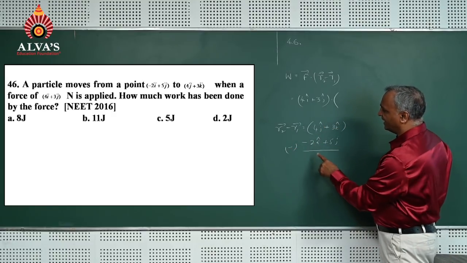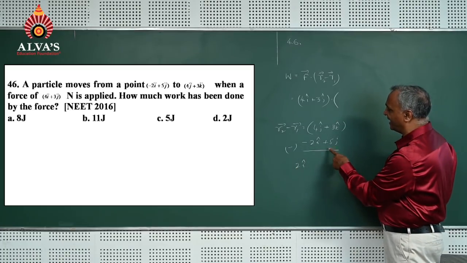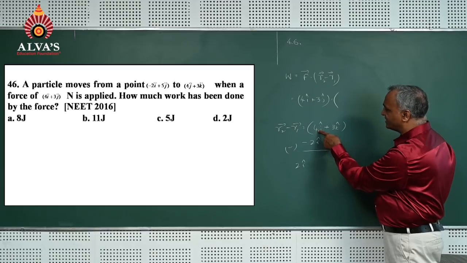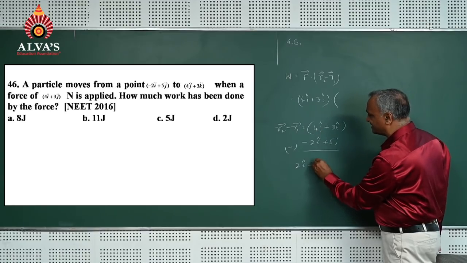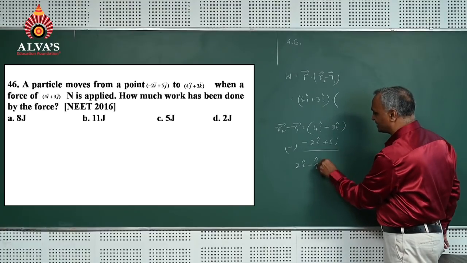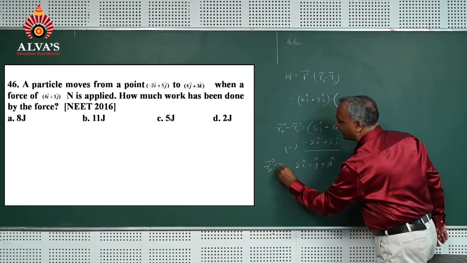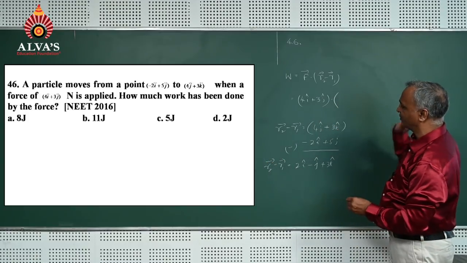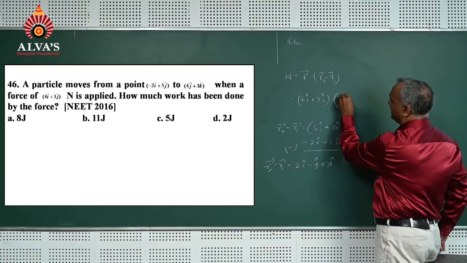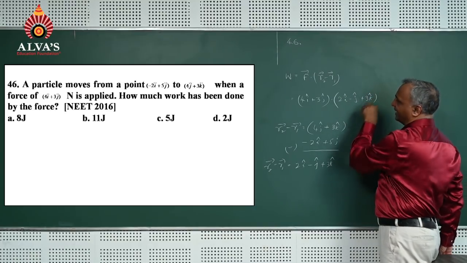So I'll get plus 2 i cap, and then 4 j cap minus 5 j cap is minus j cap, and 3 k cap, nothing is there, so it is plus 3 k cap. This is what is R2 minus R1. Let me substitute it here. So I'll get 2 i cap minus j cap plus 3 k cap I can write.